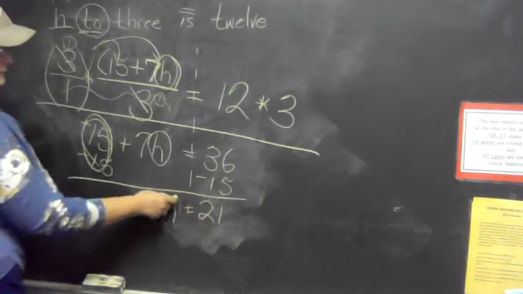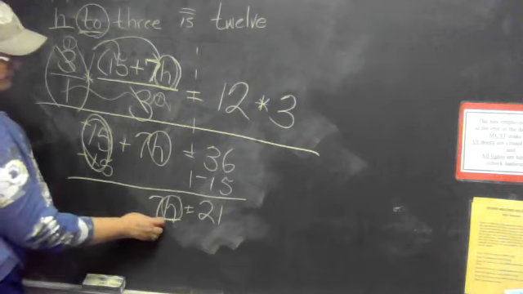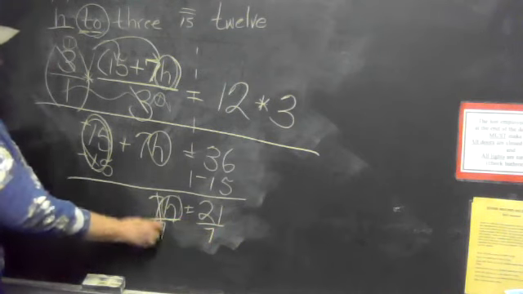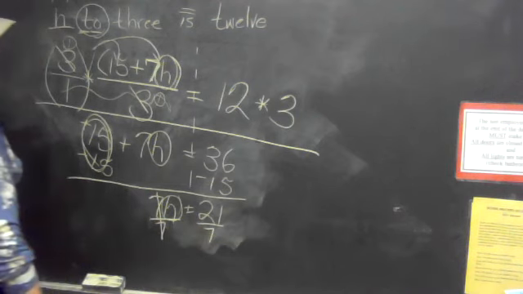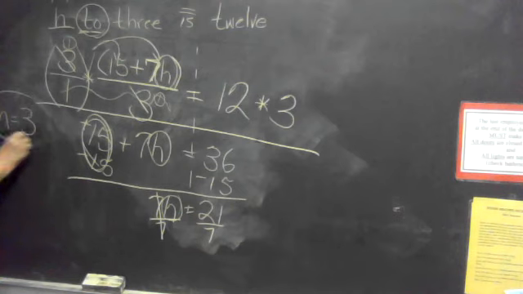Circle the H. Divide by 7. When we do, 7 divided by 7 is 1. 21 divided by 7 is 3. So we have H equals 3. Let me answer.